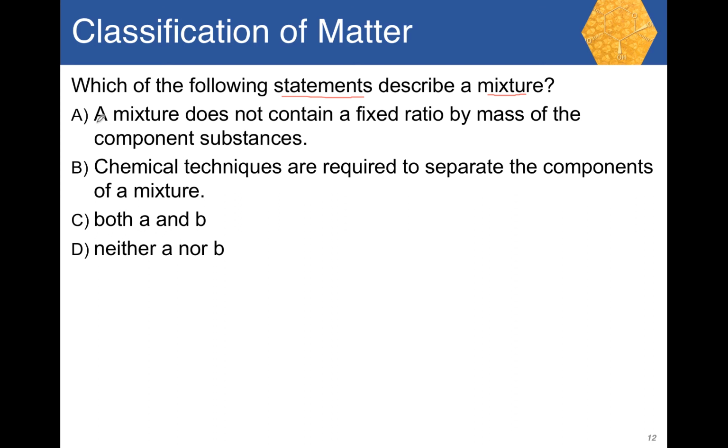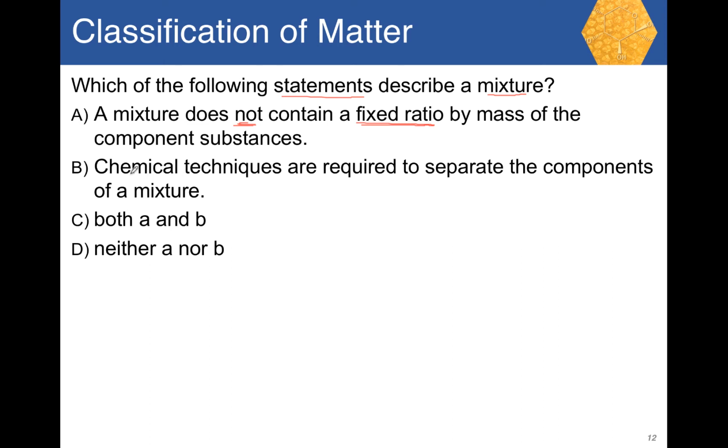So let's look at the first choice here. A mixture does not, look out for these words, not contain a fixed ratio by mass of components. Keyword: not, fixed ratio. Need to think about that for a second.